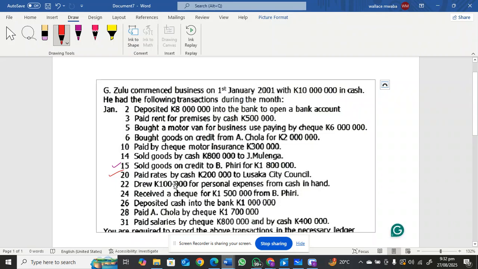Drew 100,000 for personal expenses from cash in hand. Yes, colleagues, what is happening here?